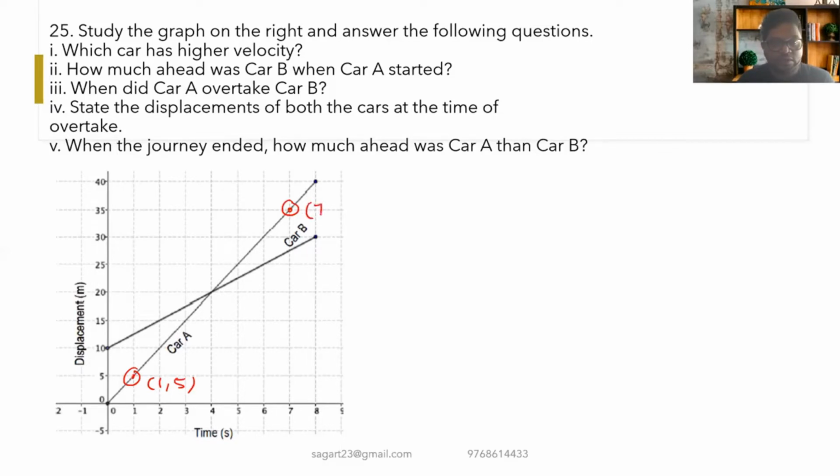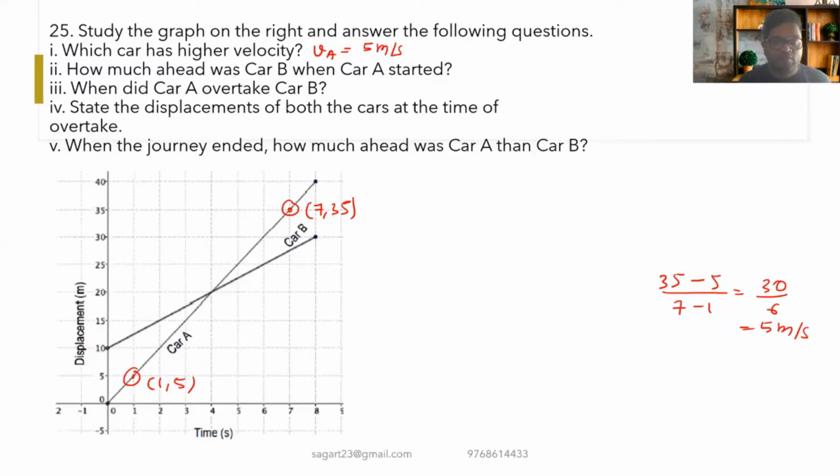So 35 minus 5 upon 7 minus 1, that is 30 upon 6, that is 5 meter per second. So velocity of car A is 5 meter per second.